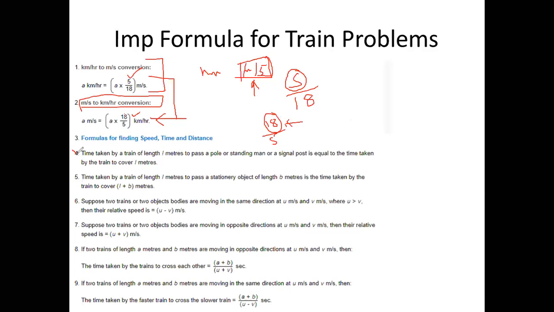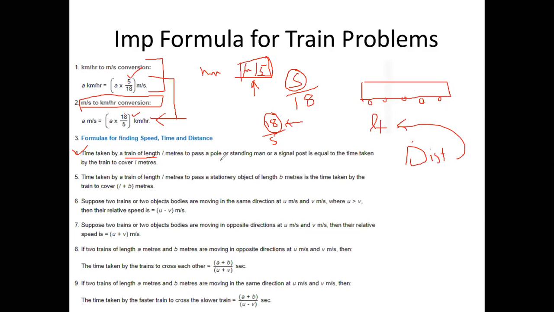Now these are a few things that you have to remember. The time taken by a train of length, so here the train has its own length also, so we call it the length of the train, LT, right? That we have to include for finding the distance. So the distance here is nothing but the length. Please remember this.